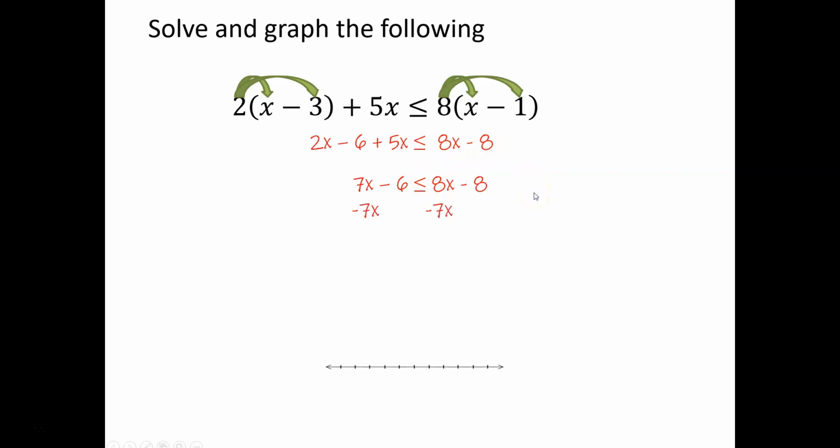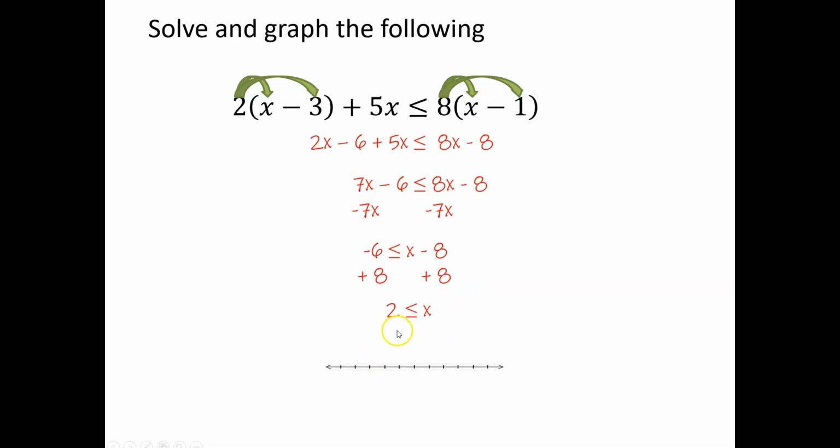Now we need to get all of our variables on one side, so I'm going to subtract 7x from both sides. You get negative 6 is less than or equal to 8 minus 7 is 1, so just x minus 8. Next we have to get rid of this negative 8, so we add 8 to both sides. And we end up with 2 is less than or equal to x.